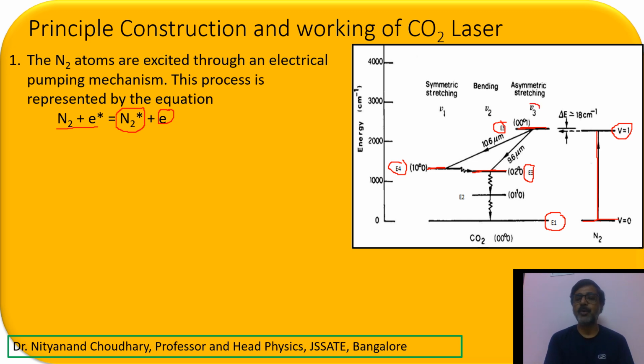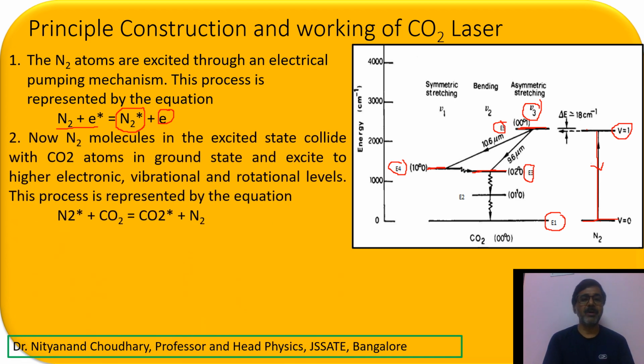This is your nu 3. Nu 3 is the asymmetric mode of your carbon dioxide. So the excited state of the nitrogen is very close to the asymmetric mode of carbon dioxide. So what it will do, the nitrogen will transfer its energy to the asymmetric mode of carbon dioxide, and then nitrogen will give its energy to those carbon dioxide atoms, and nitrogen will come back to your ground energy state.